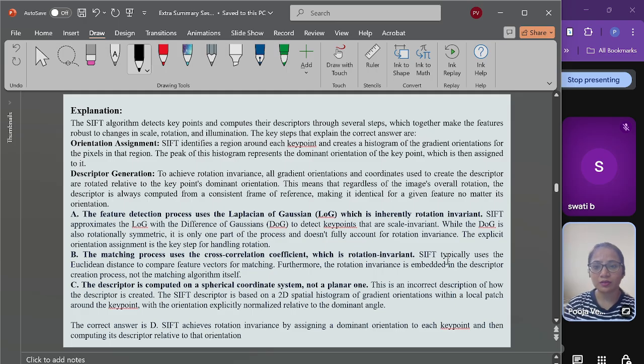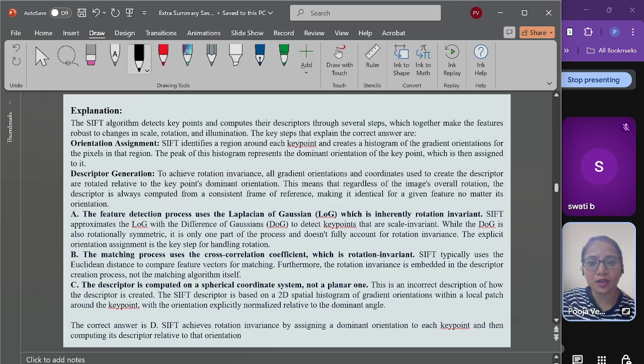In the orientation assignment, SIFT identifies a region around each key point and creates a histogram of the gradient orientations of the pixels in that region. The peak of this histogram represents the dominant orientation of the key point, which is assigned to it. Now the next process is descriptor generation.